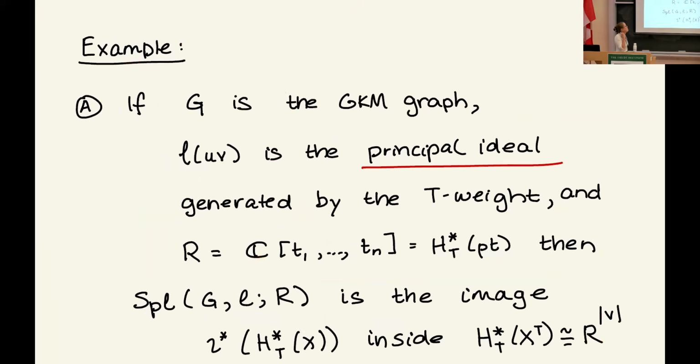So there's our first kind of example. It was like everything that we were saying about GKM graphs. If you think about your edge label as the principal ideal, so just whatever that torus weight is, I'm going to take the ideal that's all multiples of that thing. And then the polynomial ring, so the coefficients here is this polynomial ring, equivariant cohomology of a point.